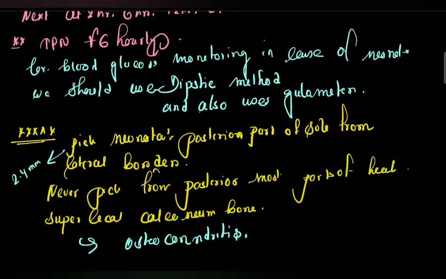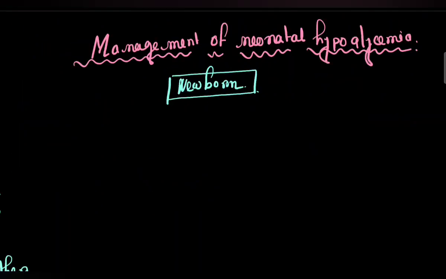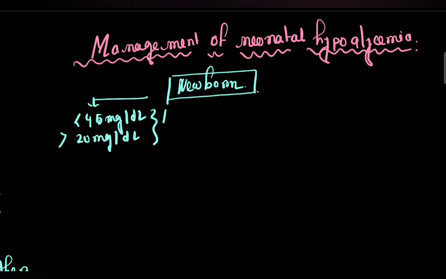Next, I discuss the most important thing, that is management of neonatal hypoglycemia. Through a flowchart, I will discuss the management of neonatal hypoglycemia. It will be easy for all. So, if the newborn blood glucose level is less than 45 mg per dl but greater than 20 mg per dl, that is asymptomatic.